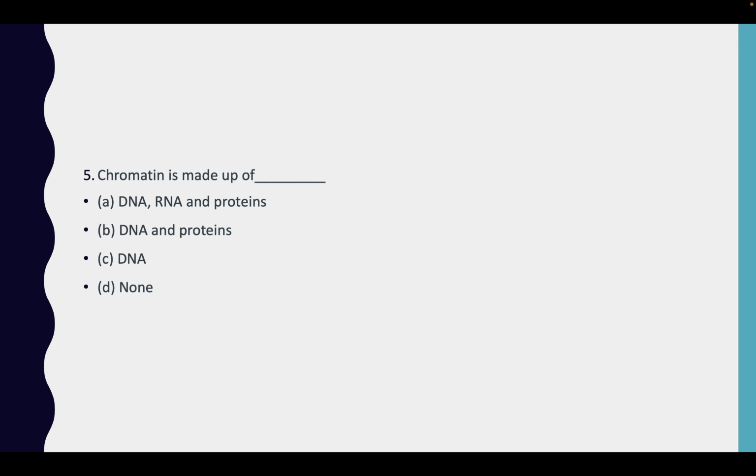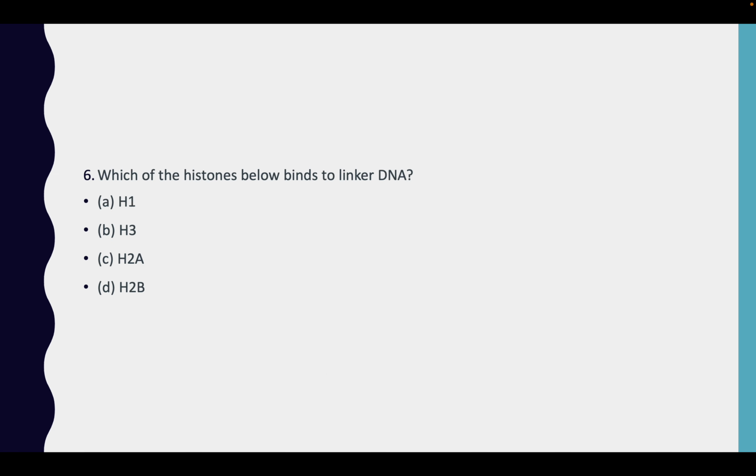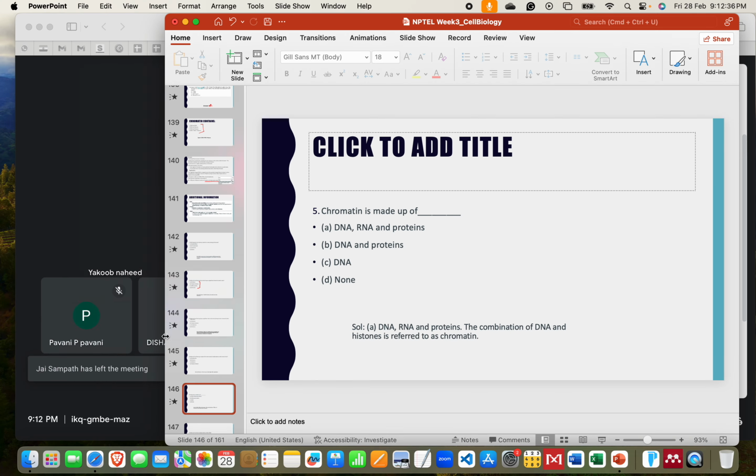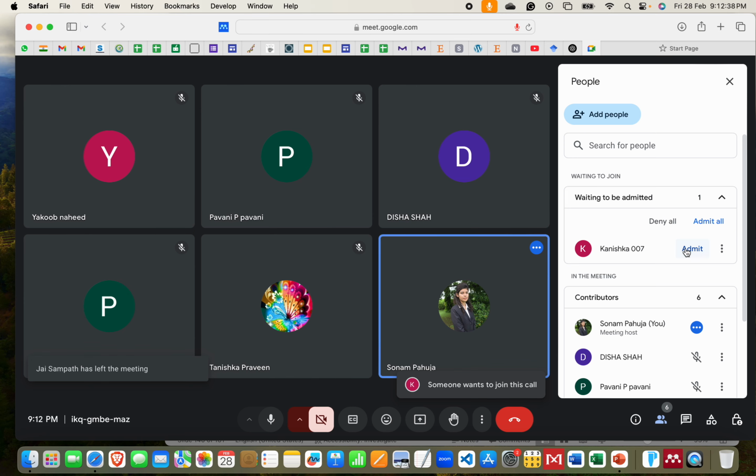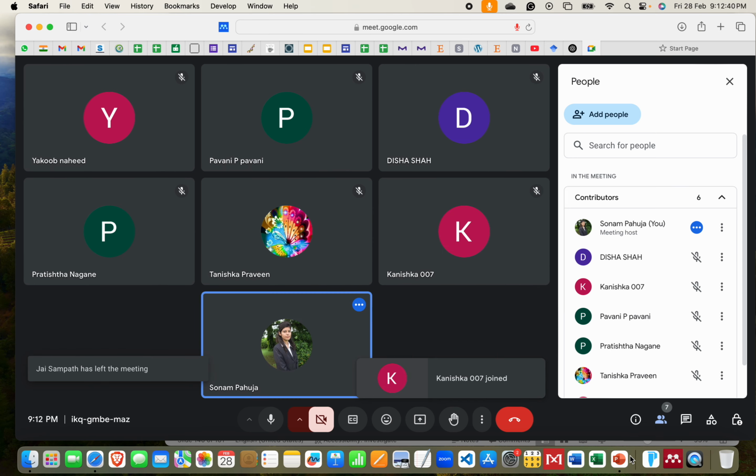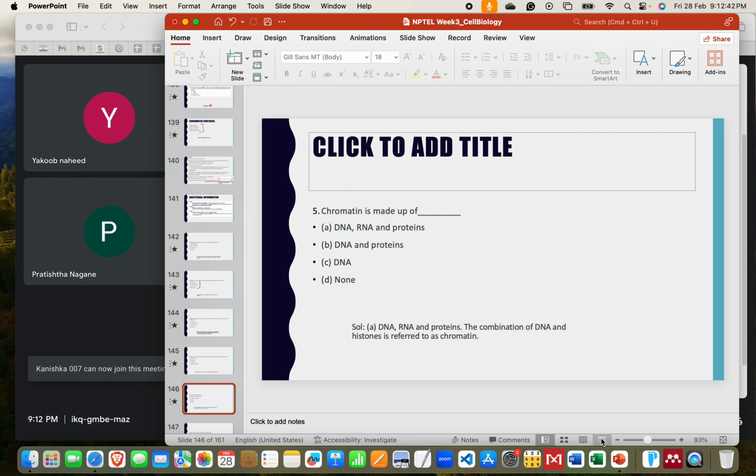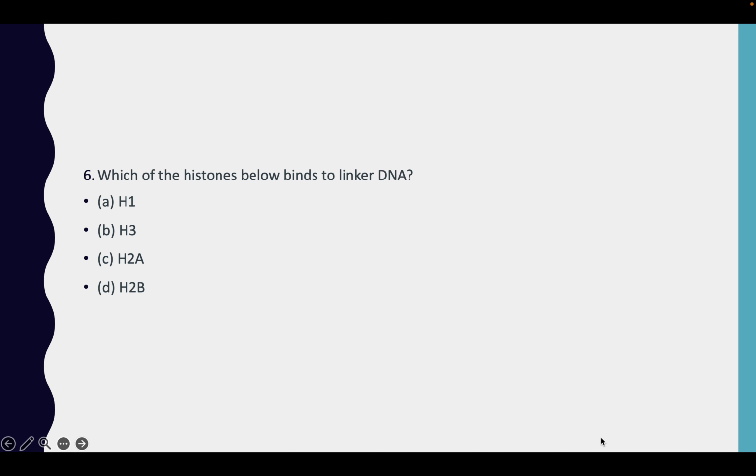Okay. Chromatin is made up of, this question is repeated thrice. DNA, RNA, and proteins. Which of the histones below binds to linker DNA?